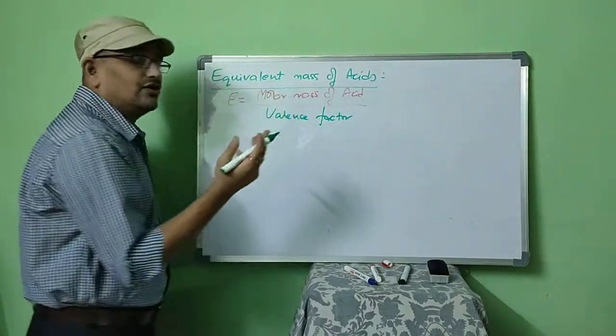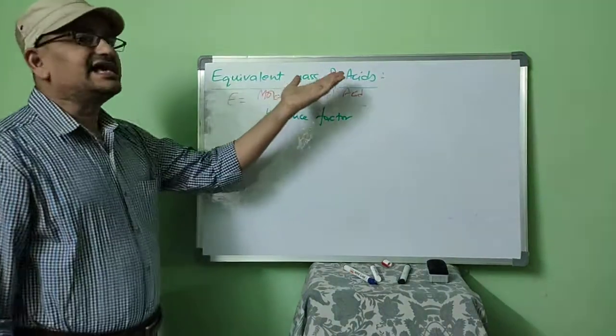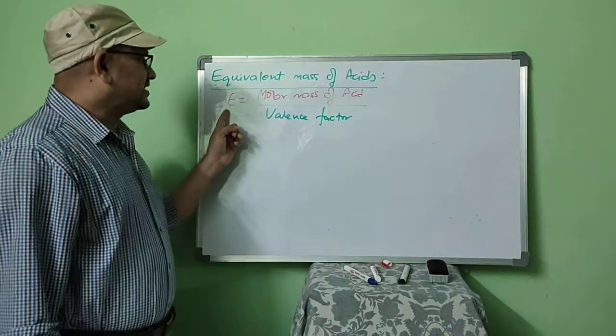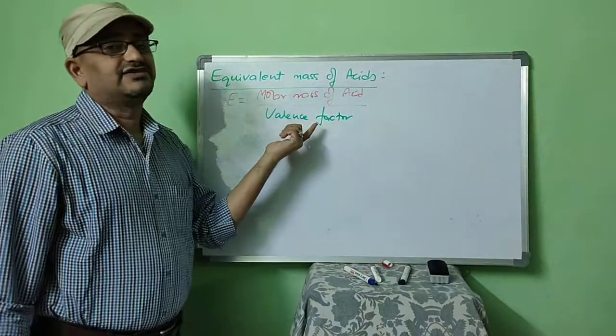Like for atoms, how did we calculate equivalent mass? Atomic mass by valency. Similarly for acids, they are molecules now. Equivalent mass of an acid molecule can be calculated as molar mass of acid by its valency factor.